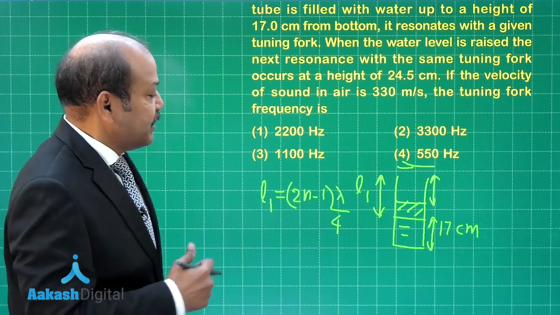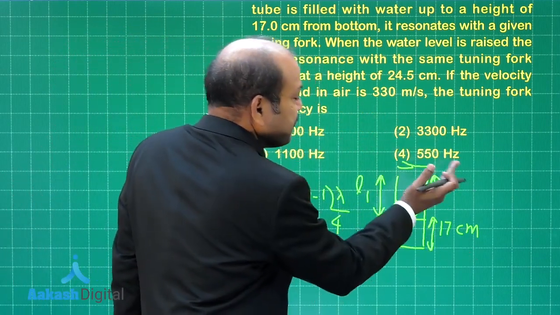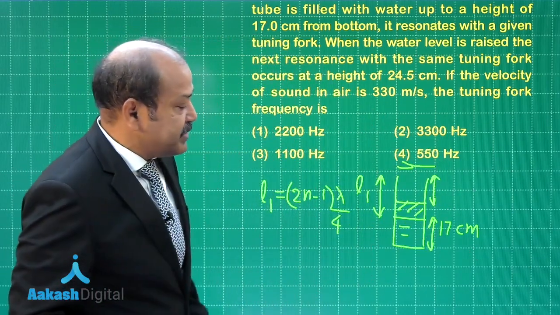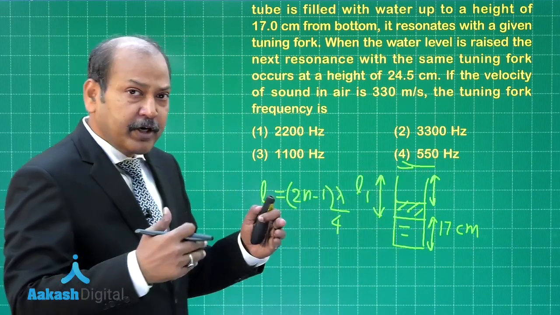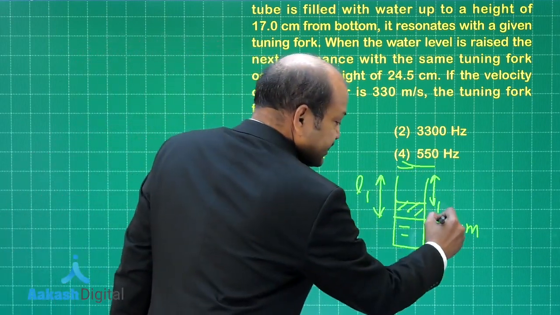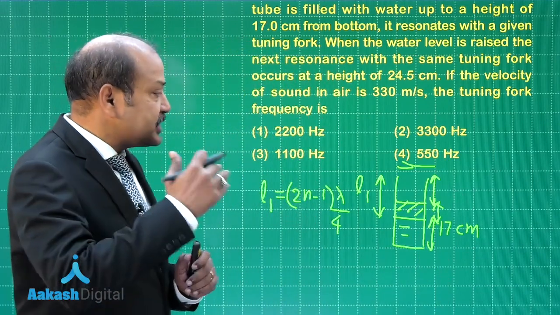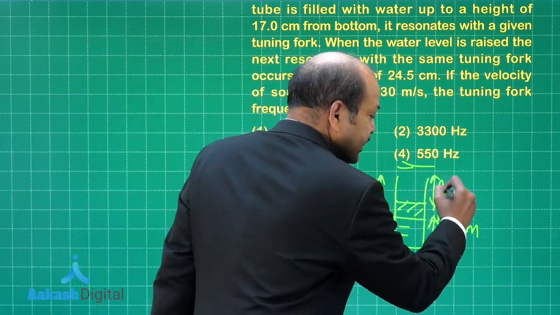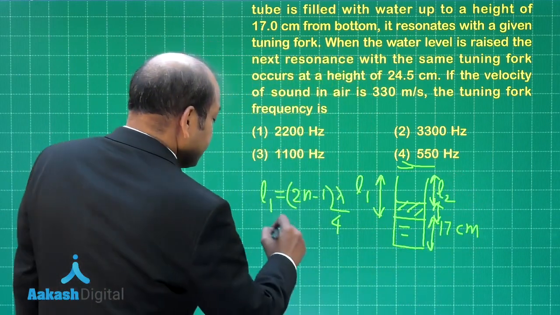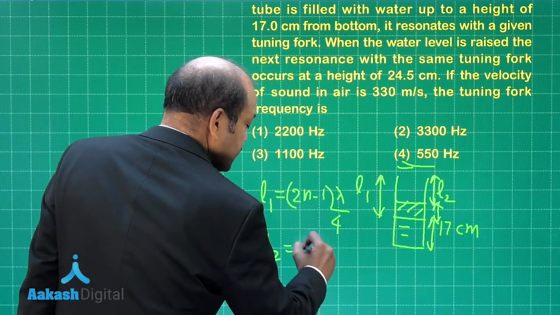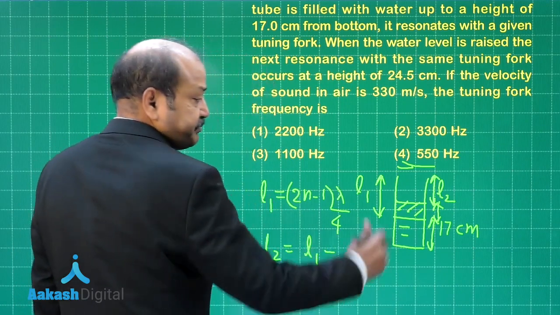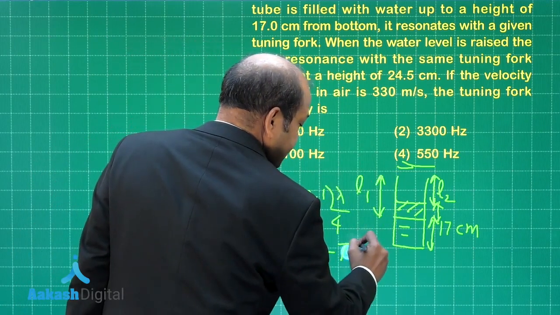In fact, this has gone up by 7.5 centimeter, because the height has become 24.5. So, that means this difference is 7.5 centimeter, and if I call this length of air column as L2, then the value of L2 is in fact equal to L1 minus 7.5 centimeter.